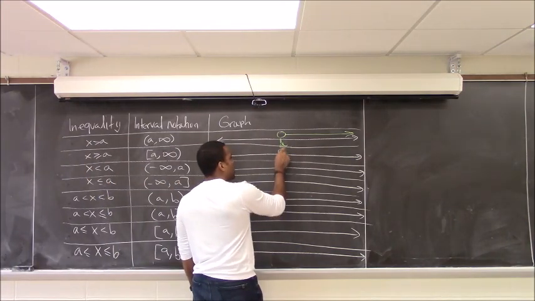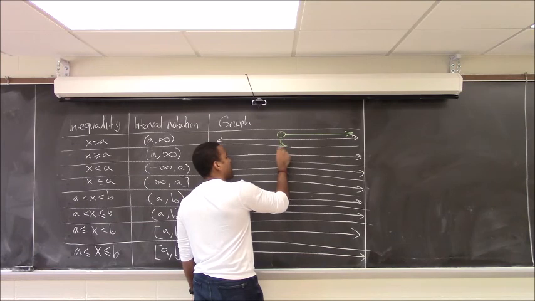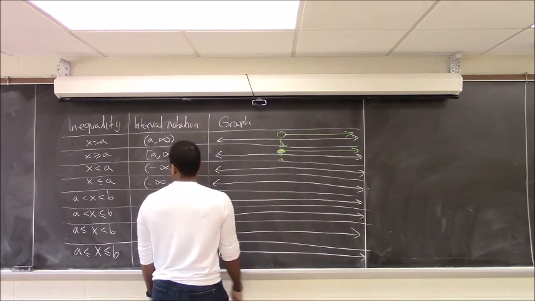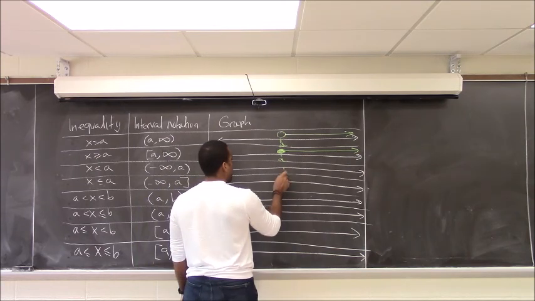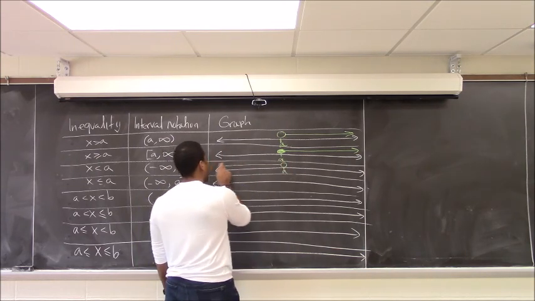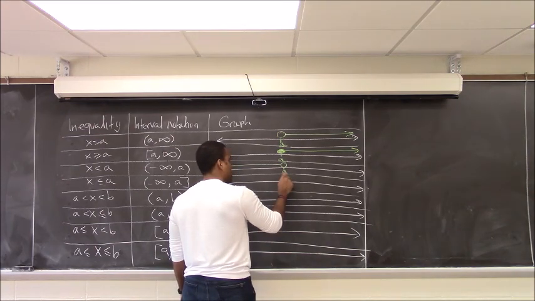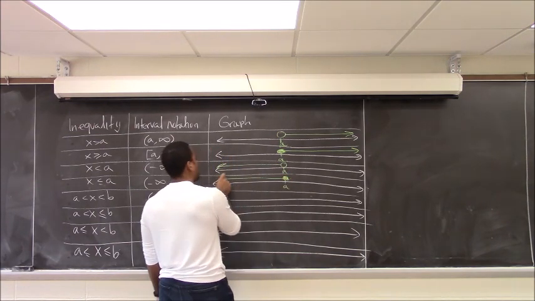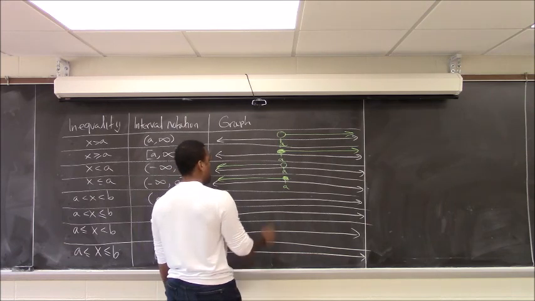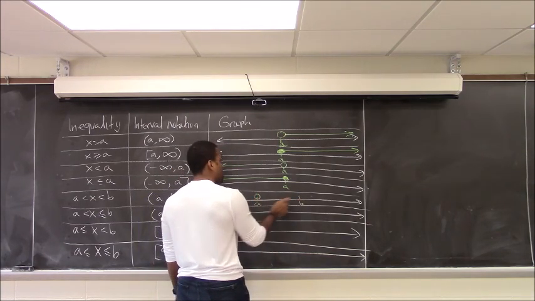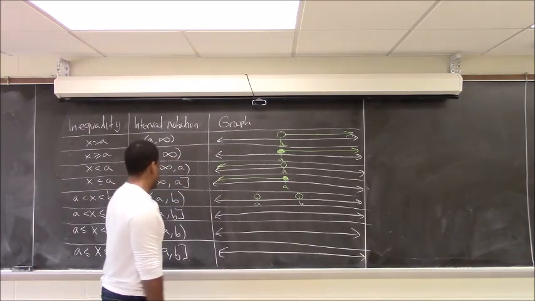When you can be equal to, you put a closed circle. And it goes like that. Of course, less than is similar, but you go the other way. Less than or equal to is similar. You shade it. You go the other way. Between a and b, so here are a and b. Once you cannot be equal to, you have open circles.